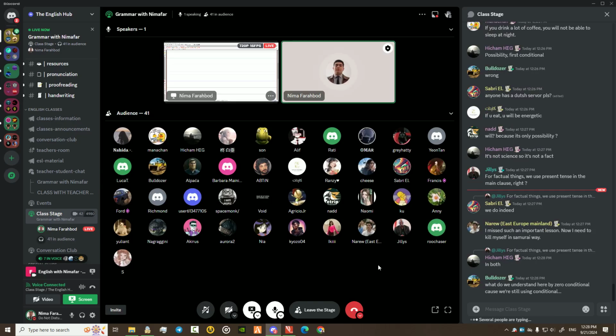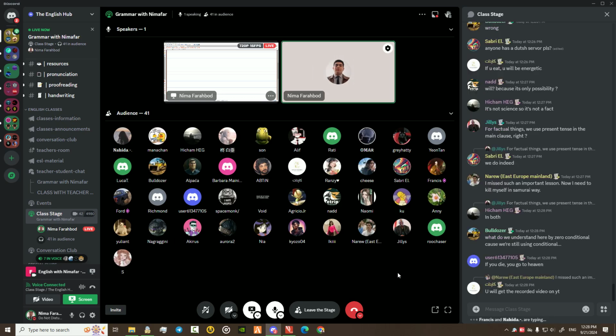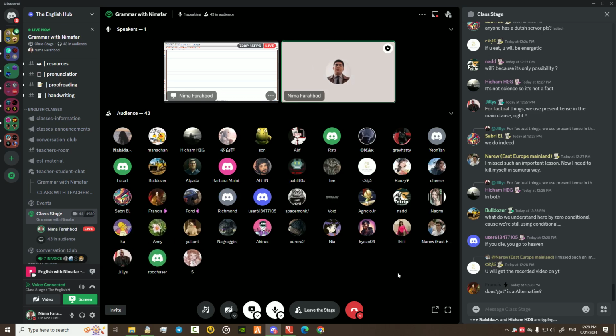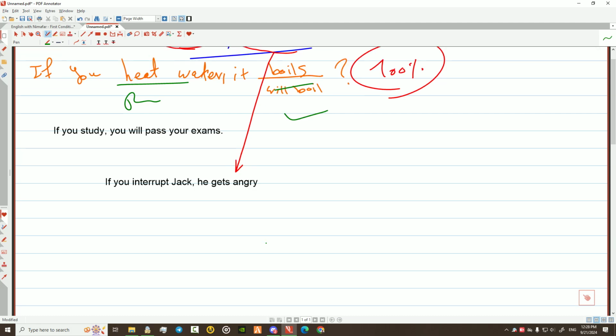And also second, what do we understand here by zero conditional? Because we are still using conditionals. So zero conditional is also a part of conditional sentences. No, you didn't get that.